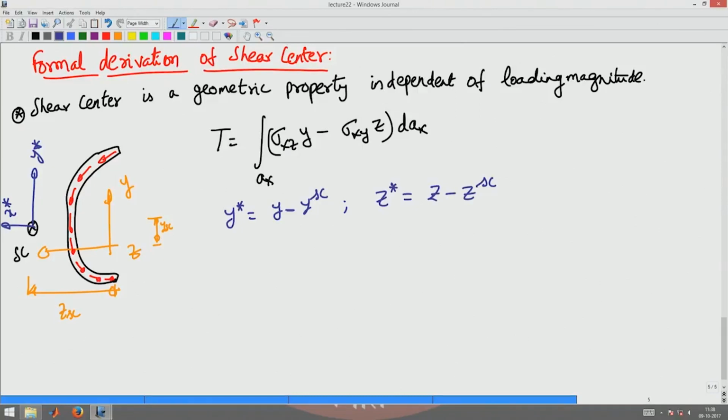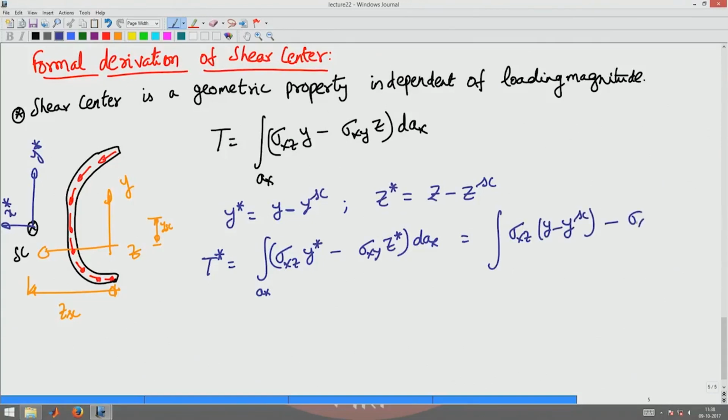So, now the torsional moment about T star, which is integral sigma xz y star minus sigma xy z star dAx, would be integral sigma xz (y minus ysc) minus sigma xy (z minus zsc) dAx.